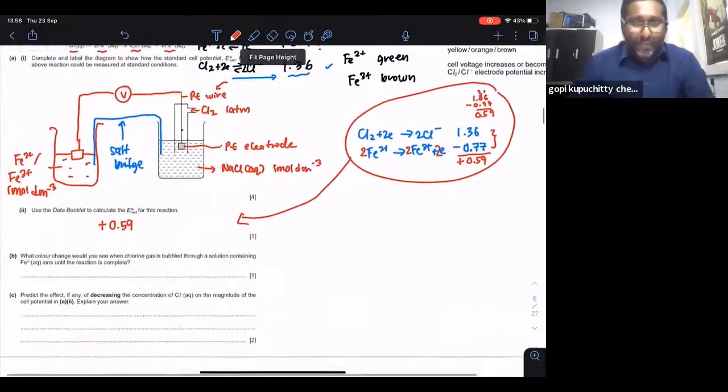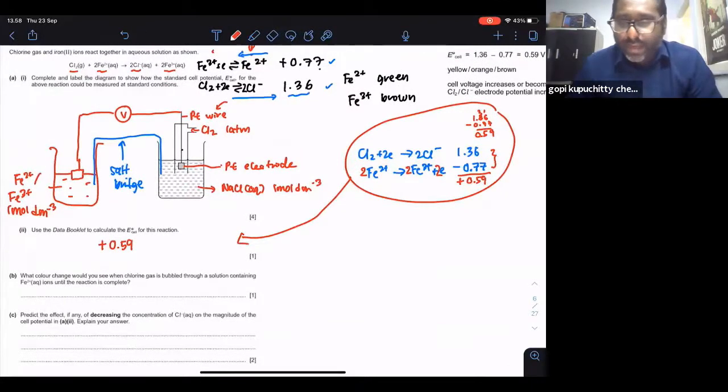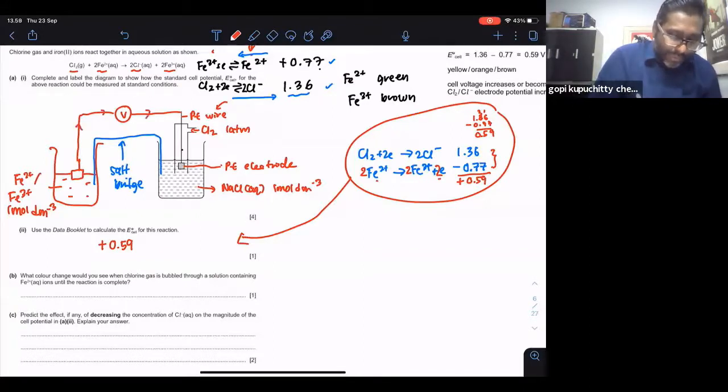Now, there is a question whether we need to write down which one is positive and negative. The answer is it's not necessary, unless they ask you to identify. But if you have found out and you want to write it down, it's up to you. Chris, if you already found the E value, and you know that Fe2+ is the one giving out electrons, so Fe2+ is giving out electrons and goes here, so this is the negative terminal and this is the positive terminal.